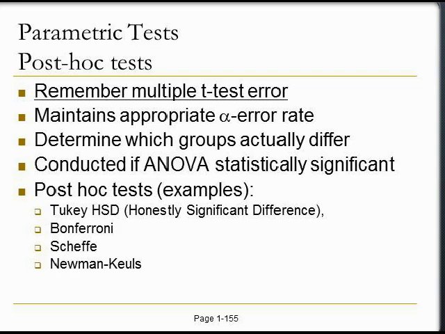There's also Bonferroni and Scheffé, which are a little bit more conservative. And then Newman-Keuls, or the Student Newman-Keuls, is another test. So this is more that if you see these, you'll recognize what they are. And the whole aim for these is to maintain an appropriate alpha error rate, or a type 1 error rate.